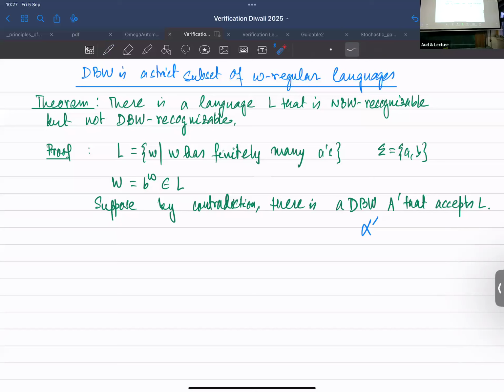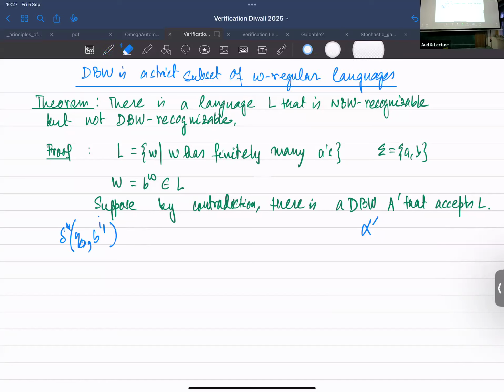It should visit α' infinitely often, right? So which means that there exists an index i1 after which you read i1 many B's, and so δ*(q0, B^i1) ∈ α', where q0 is the initial state.